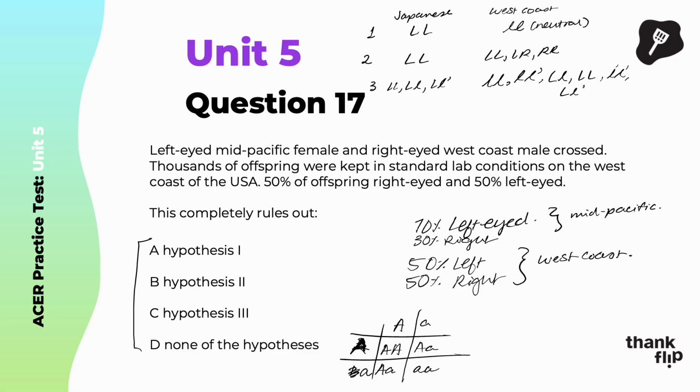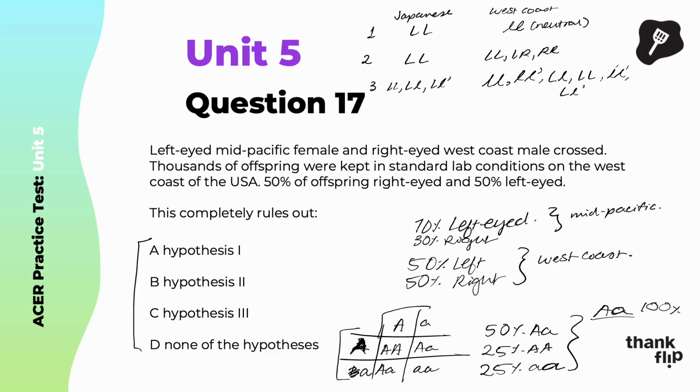Although there's a 50% chance of getting AA, 25 of getting A capital, and 25 of getting lowercase a, although this is the Mendelian probability, that doesn't necessarily mean that this will always be true. If you randomly cross these individuals, there is still a chance that all of the offspring, say they have 5 offspring, there's a chance that all 5 are heterozygous, and that would be 100% of the population, right?